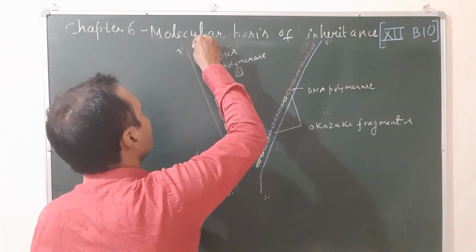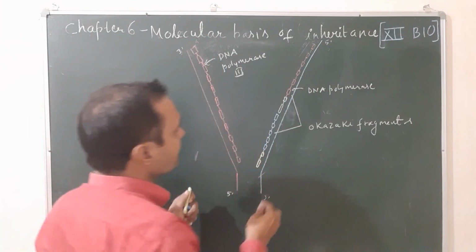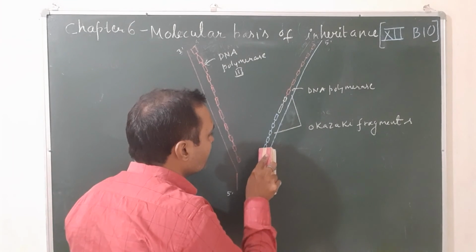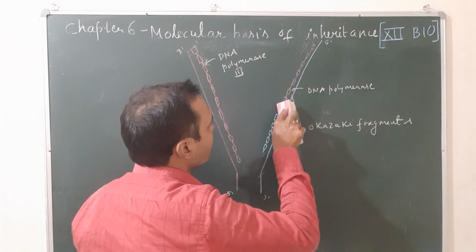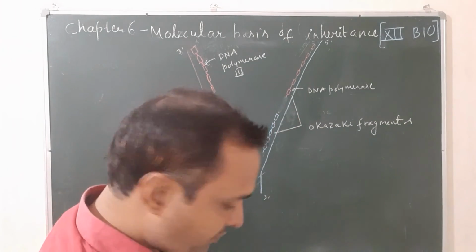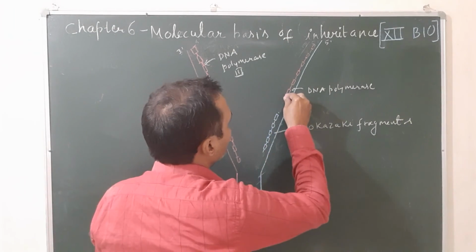Now this is the complete DNA sequence, and in this strand also, the primers are removed by DNA polymerase I. Primers are removed and new nucleotides are added.